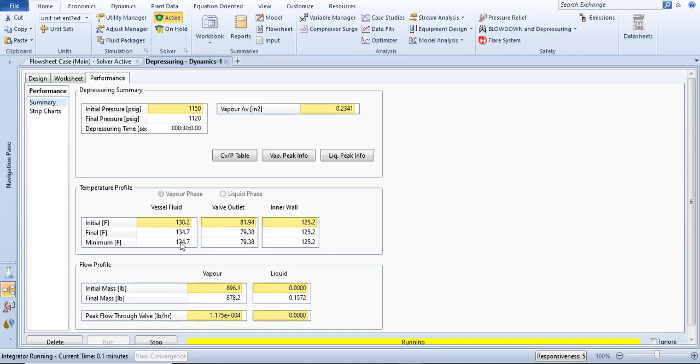But if you didn't put in the heat transfer details and the metal thicknesses, and you didn't get the inner wall temperature, maybe your actual inner wall temperature is not -10 or -11. In that case, you will end up spending too much on low temperature carbon steel. As you know, metallurgy plays a very big role in capex estimation, so we have to make sure that we are not designing something very conservative.